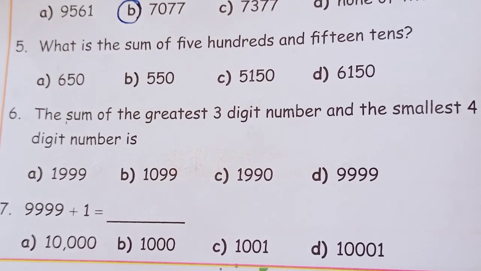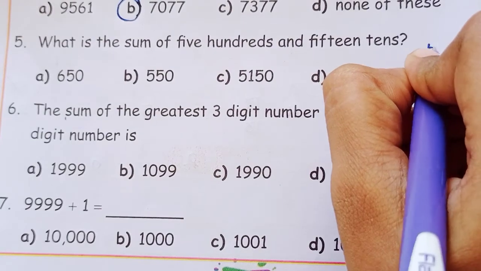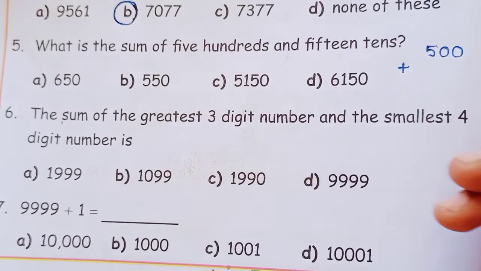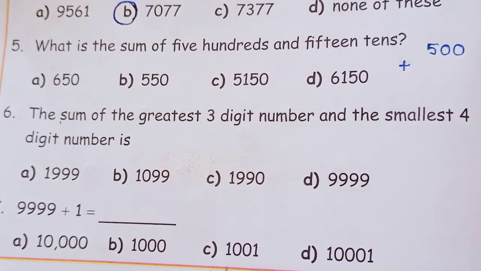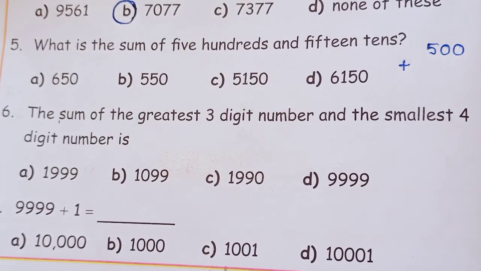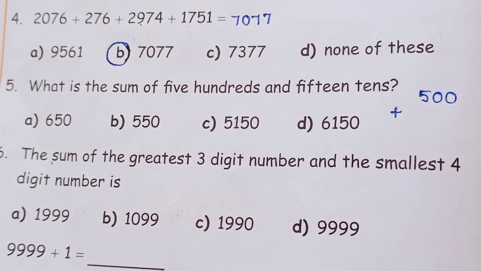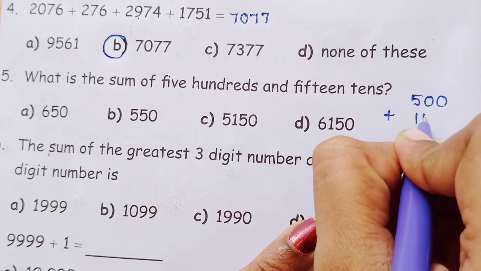The sum of 500 plus 15 tens. 15 tens means... 10 ones is equal to 1 ten. Now 15 tens, what will come? 15 tens means 150.